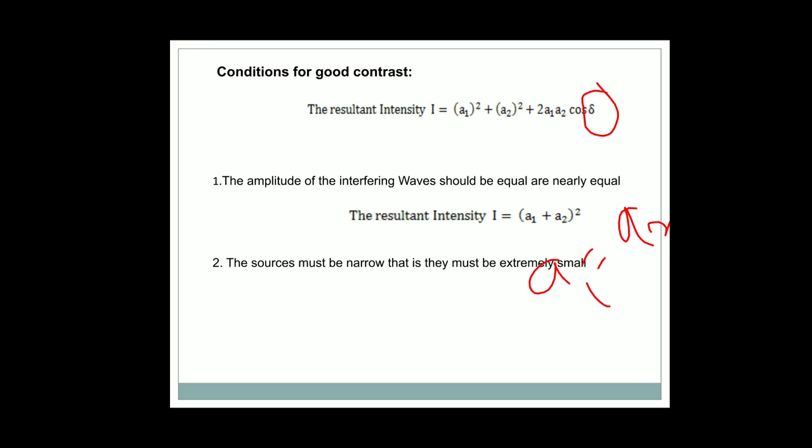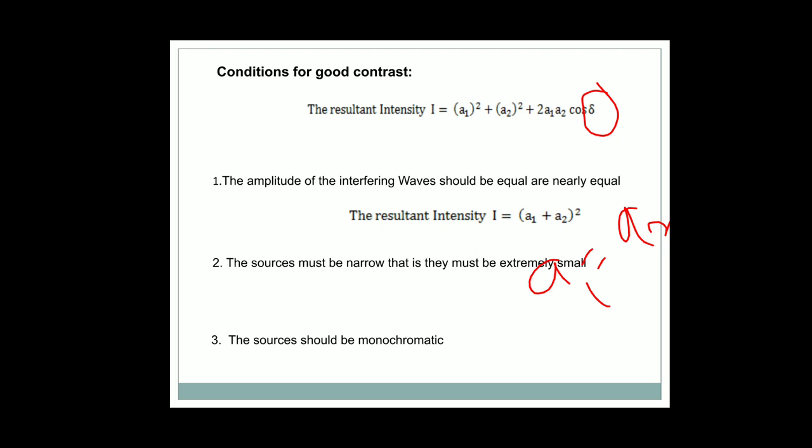The second condition to observe good contrast is the sources must be narrow. That is, they must be extremely small. It is nothing but the slit is very narrow. Then also we can see the good contrast. Our third case is the source should be monochromatic.